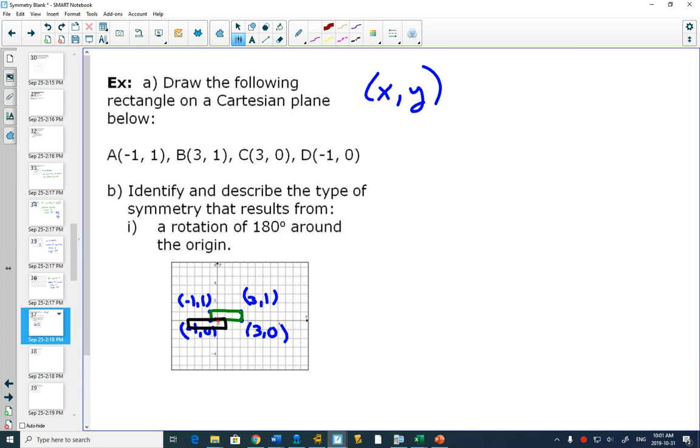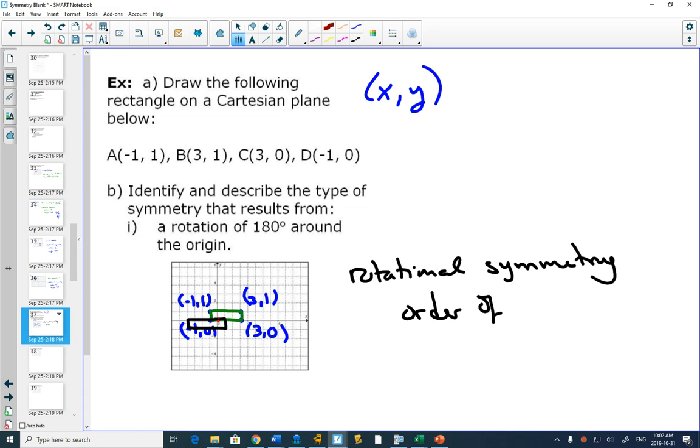That's the shape that you would get. The same rectangle rotated 180 degrees. Because we rotated it, it has rotational symmetry, obviously, with an order of 2 and an angle of 180 degrees.